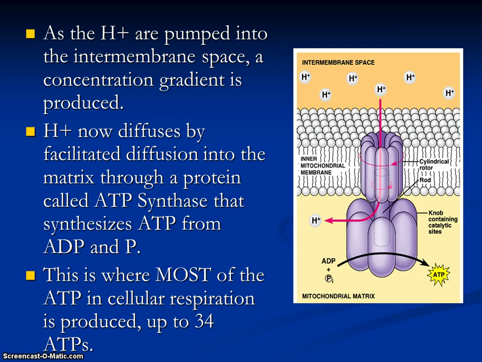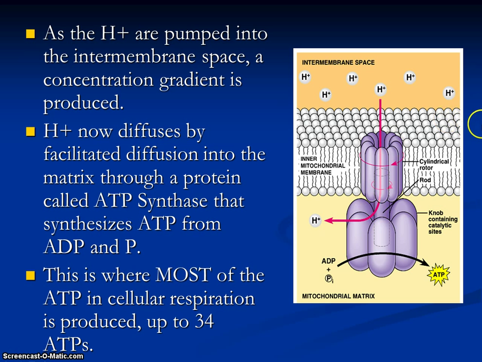All right, here's just another look at it one more time. This is the ETC, the electron transport chain. As these hydrogen protons are pumped into the space outside the inner membrane, not the matrix, it's going to form a concentration gradient. You'll notice the higher concentration and lower concentration.